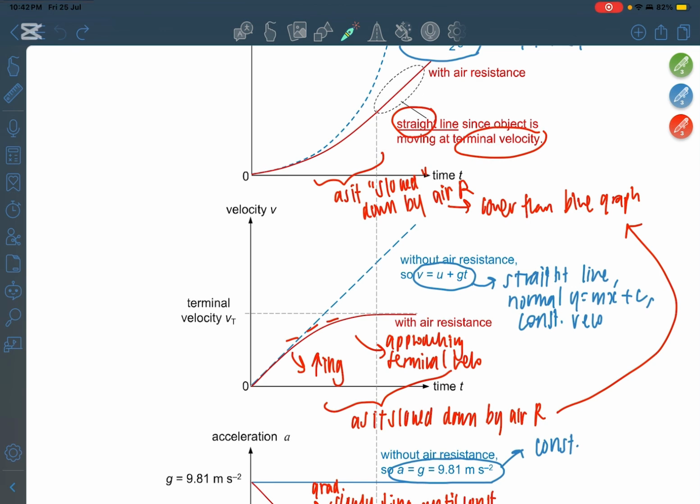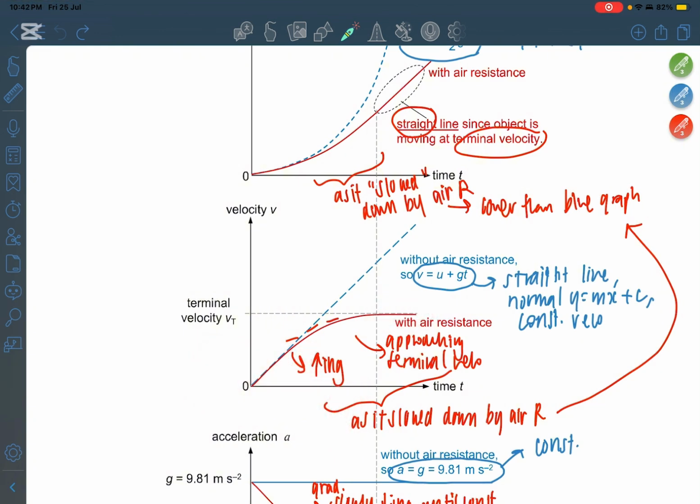The velocity doesn't go as fast anymore because air resistance is slowing it down. Without air resistance, it would have just gone on normally. But because of the air resistance, it limits the object until weight equals drag force, and that's when you reach terminal velocity.